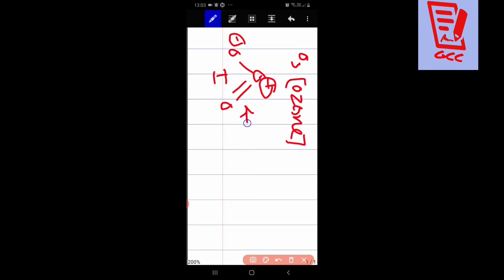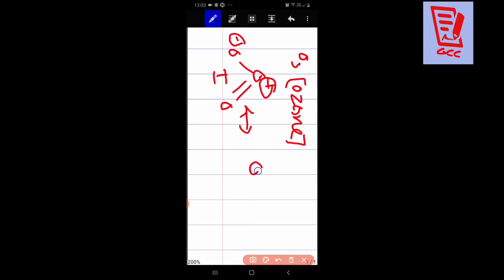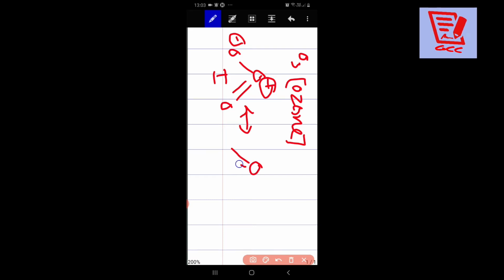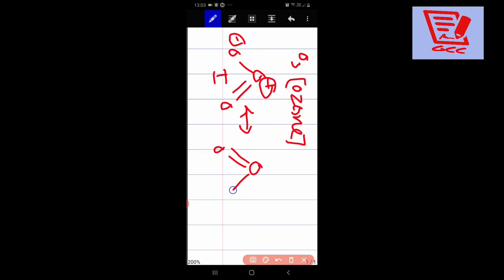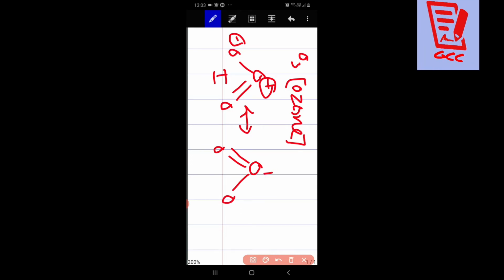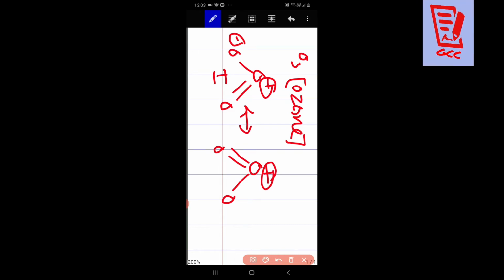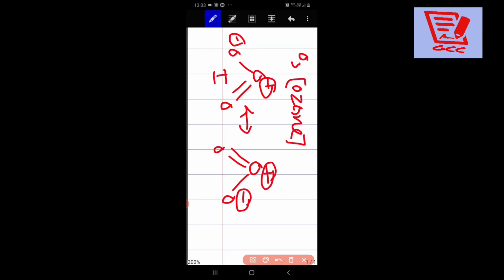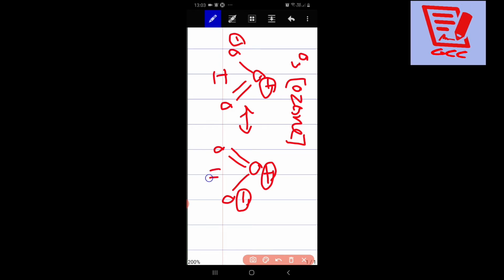In the same way we can draw the second one. All of you see there, there is a double bond, and again there is a single bond. And here it is a positive charge, and here it is a negative charge again, and this is the second structure.